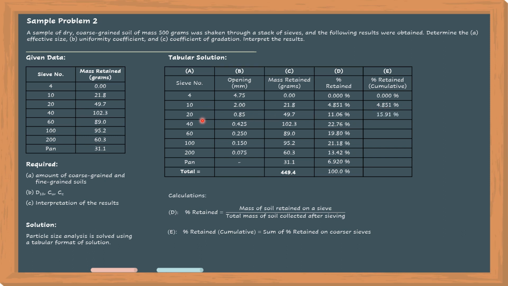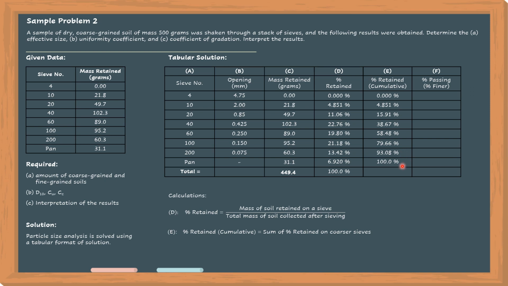For sieve number 20, 4.851 plus 11.06 is 15.91. Then 15.91 plus 22.76 is 38.67. And so on and so forth, so that the pan is 100%. Okay? If the pan is not 100%, it means there is something wrong with column E.